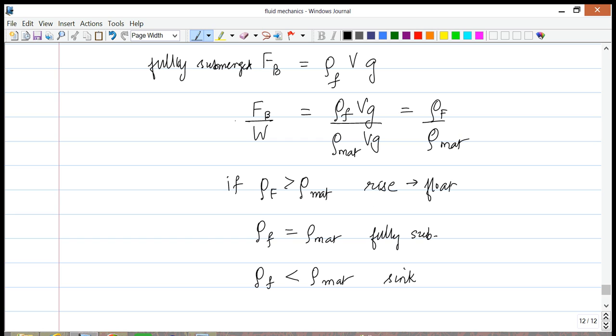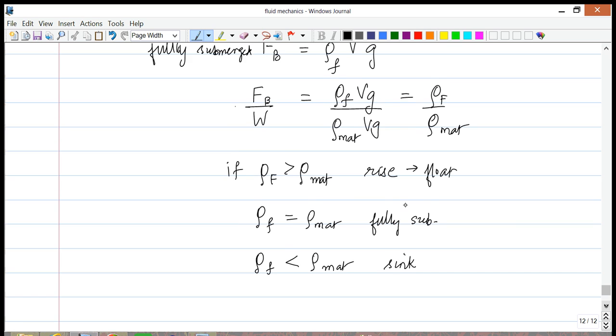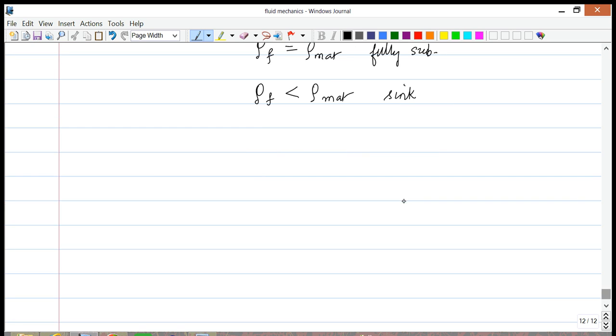Having done all this, let's figure out how much of the object is going to be exposed. The problem is very simple. To figure out what percentage is exposed and what percentage is submerged, we once again resort to our ideas of dynamics.